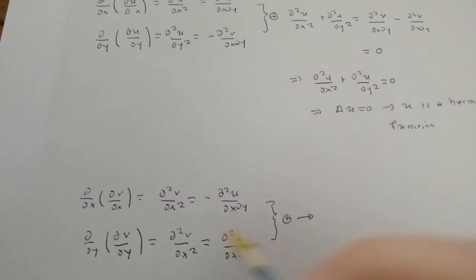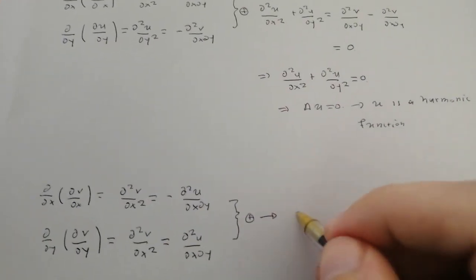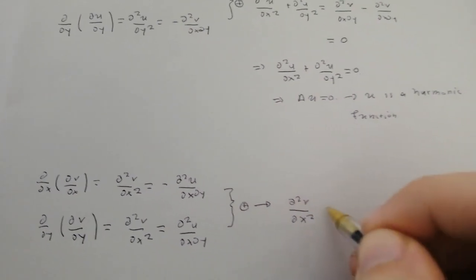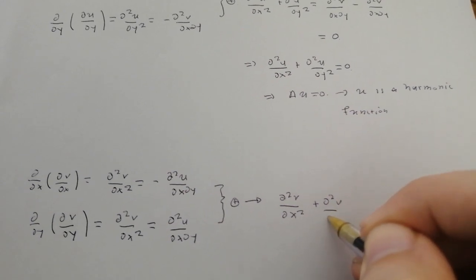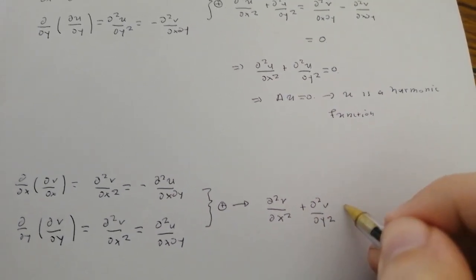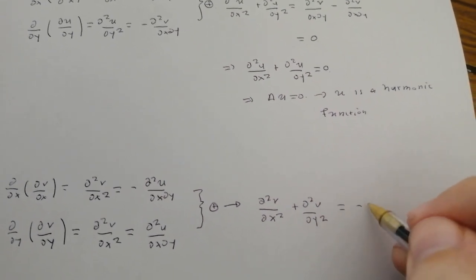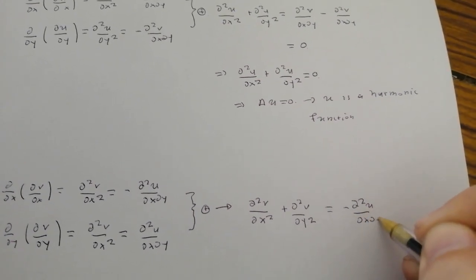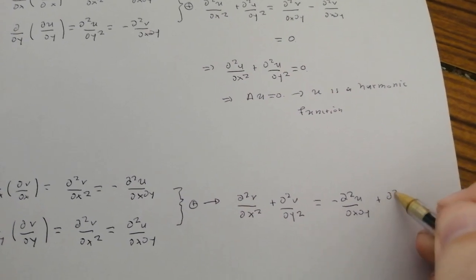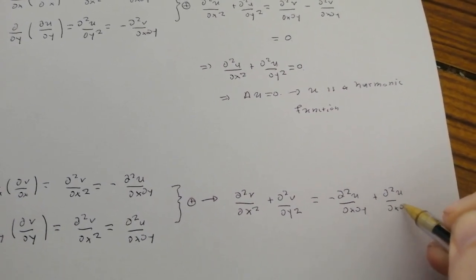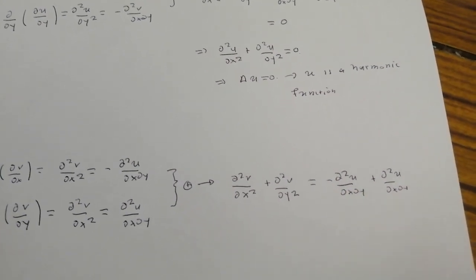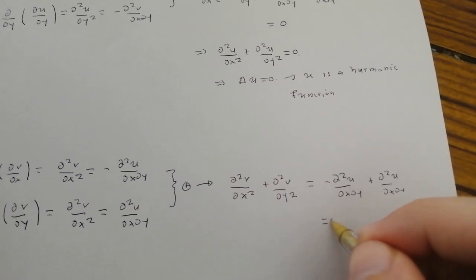So we add these equations together and we obtain that the second derivative of v with respect to x plus the second derivative of v with respect to y is equal to minus this mixed derivative plus the other mixed derivative. We have the same mixed derivatives and we have opposite signs, so this is equal to 0.